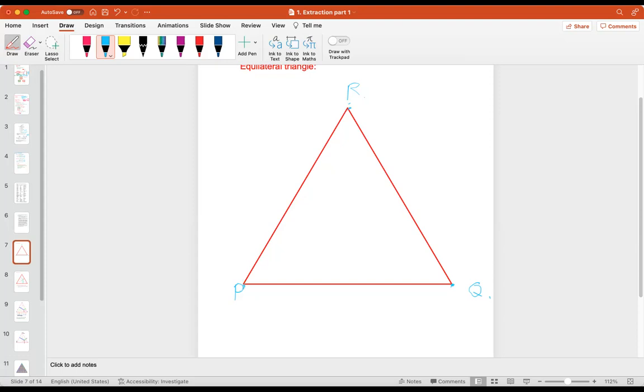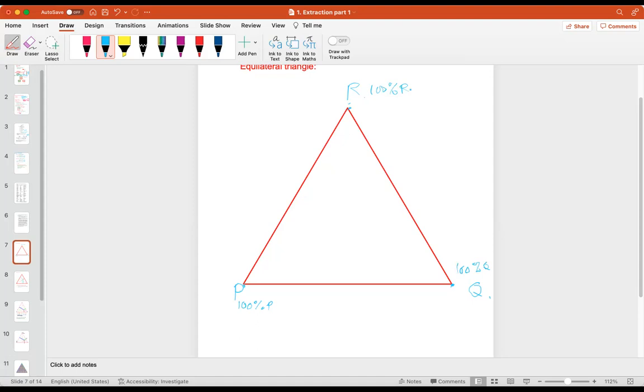So here you will say this is 100% P, this is 100% Q, and this one is 100% R. Okay, got it?